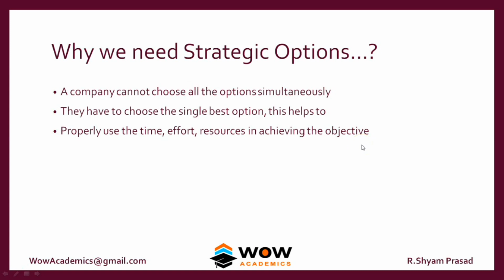If you have an objective of trying to pass ACCA, that is possible. But at a single point of time, if you want to pass ACCA, CMA, and MBA, that is not quite possible because you have a limited amount of time in a day and limited money. So there are constraints. Within those constraints, you have to choose the best option to achieve your future goal. The same applies even for a company.